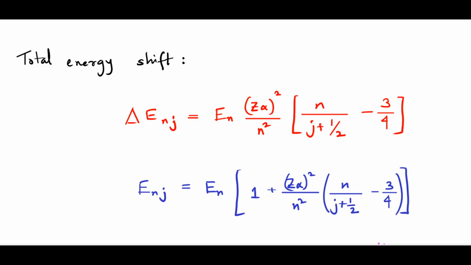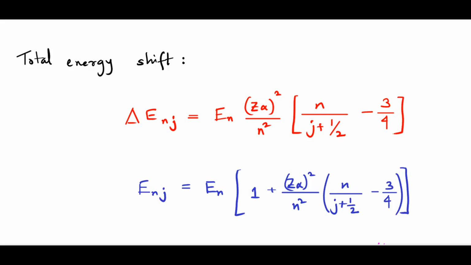What that means is that the n by (j plus half) factor in front is always bounded by 1. It cannot go below 1, and therefore the square bracket is actually a positive number. (Z alpha)^2 by n^2 obviously is positive, so delta Enj has the same sign as En. Let me remind you that En is negative because this is a bound state. So the effect of fine structure perturbation terms is to actually lower the energy consistently. All the energies get lowered because of that.